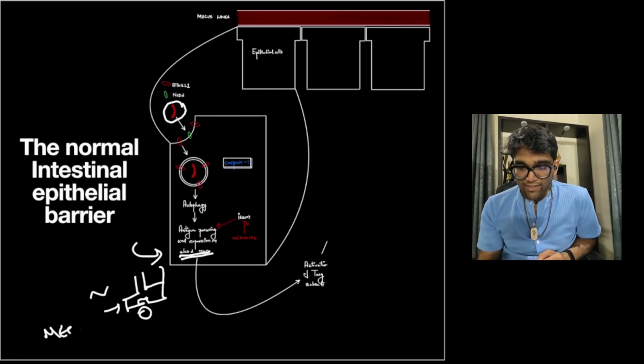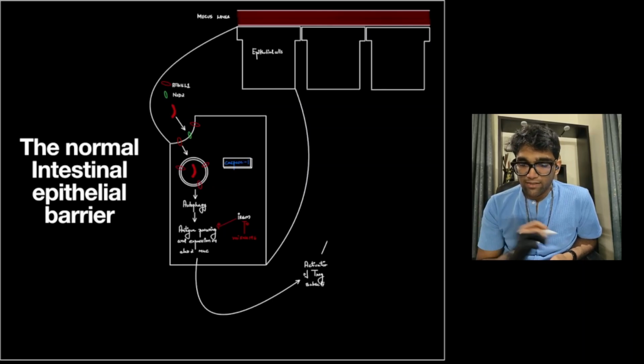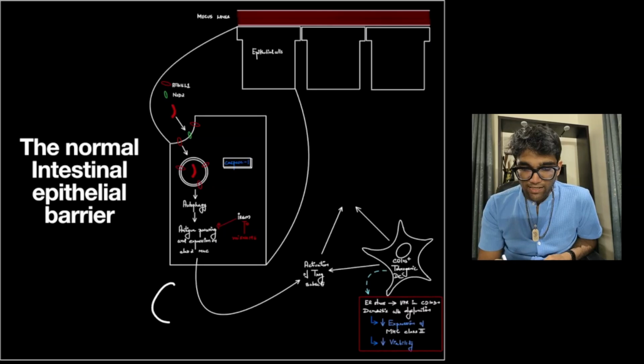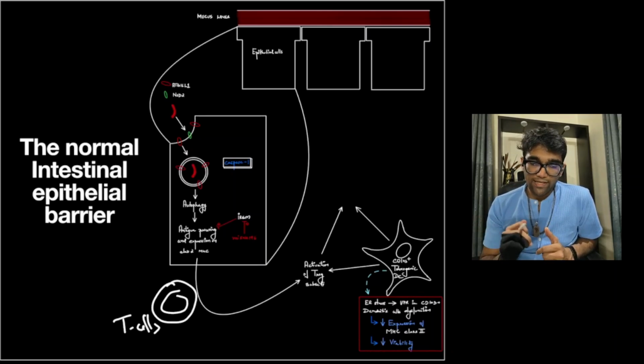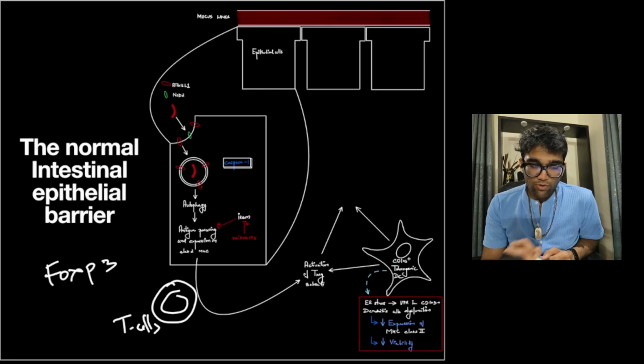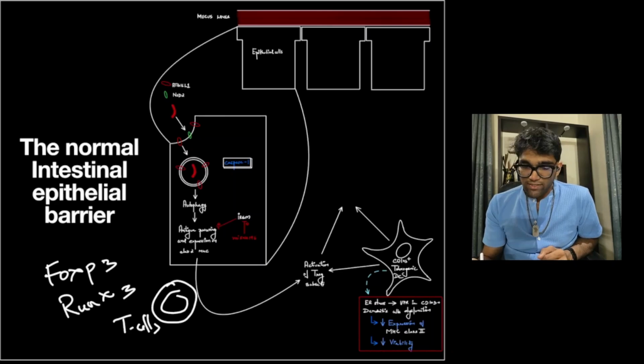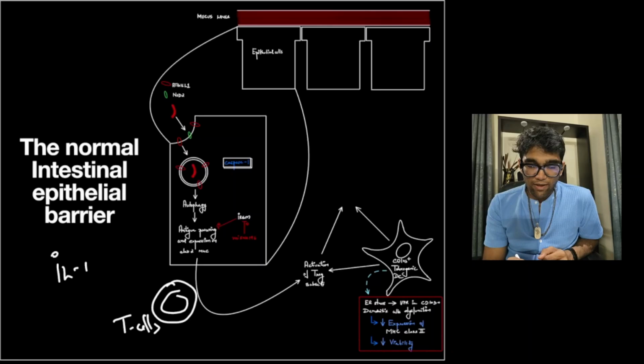Now that is recognized, as would any other MHC molecule, by T cells. Now the thing is, the T cells that are activated here polarize to a T regulatory subset. So T regulatory cells are naive CD4 T cells that have started expressing a transcription factor called FOXP3. Okay, and in addition to that, RUNX3, and because of that, they have become cells that primarily produce interleukin 10 family interleukins.